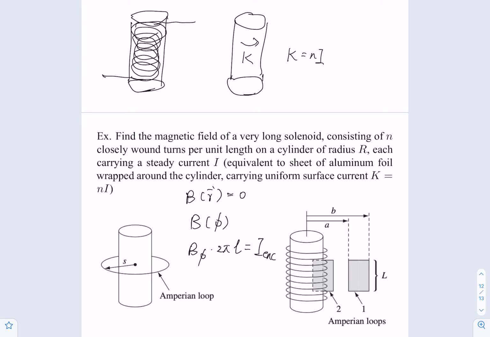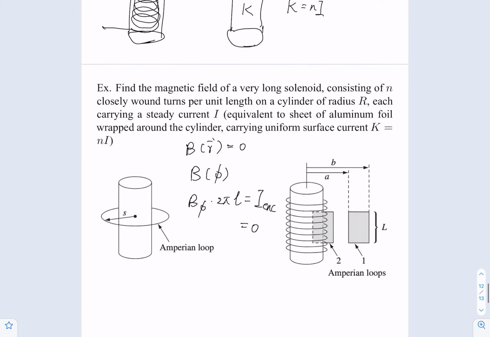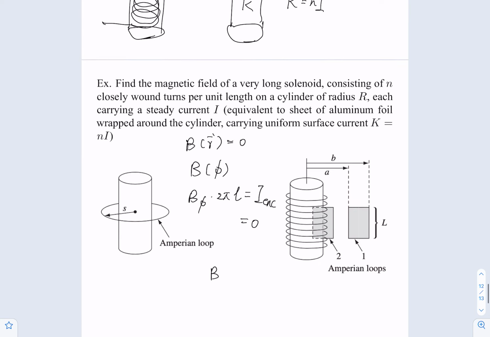However, remember that here we already ignore the current flowing up, so this I enclosed is negligible, or we consider it as 0 for the case on the right. So there is no B field along this phi direction either. So the only possible B field is along this Z direction.